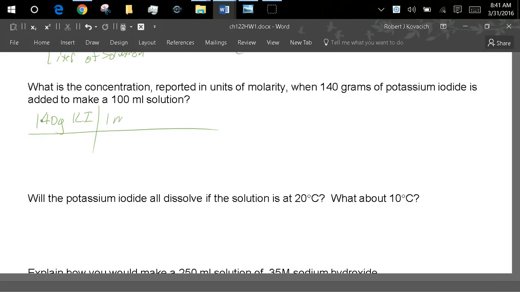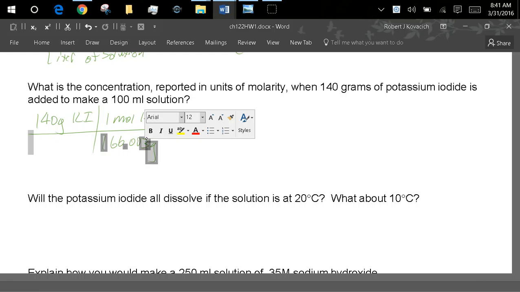So for every 1 mole of potassium iodide, I've got, what do we got here? 39.3 plus 126.945. How about 166.003 grams? Okay.